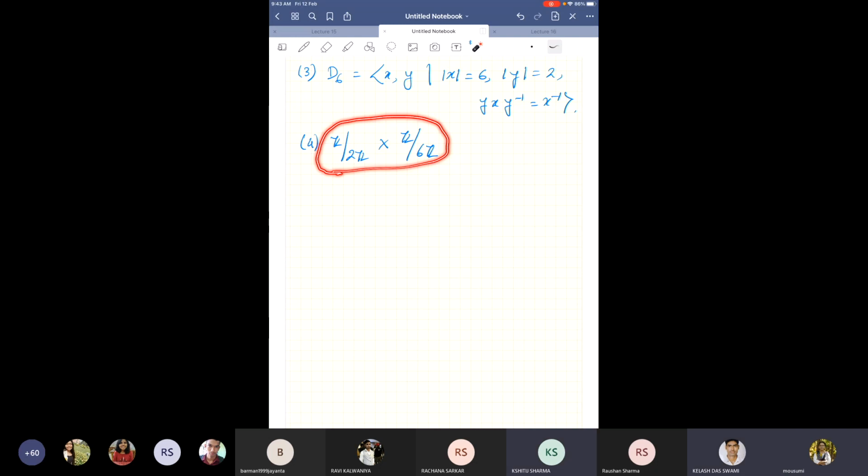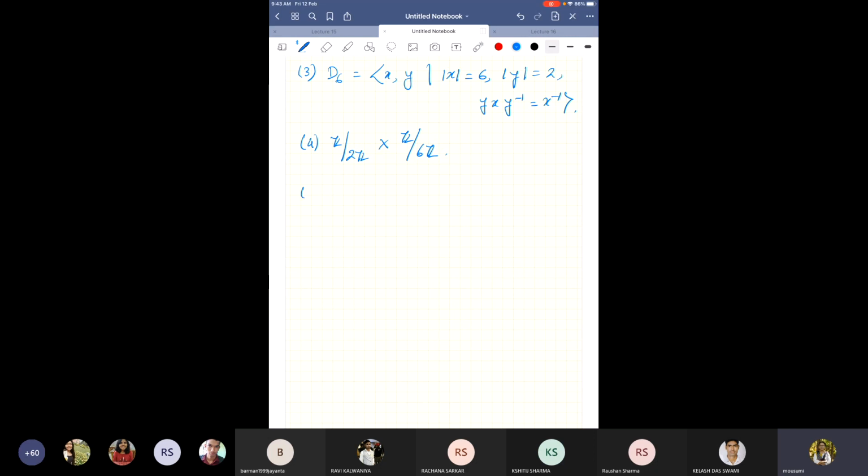No, ma'am. Both of them individually are cyclic groups, but their product is not a cyclic group. When will the product of two cyclic groups be cyclic? If their GCD is 1, if these two numbers are co-prime.